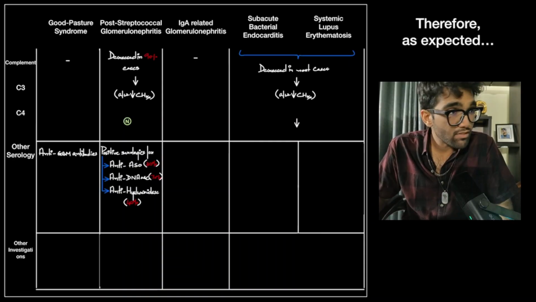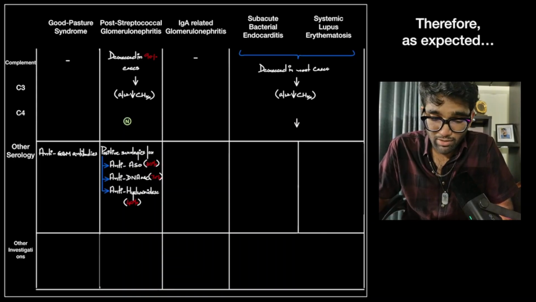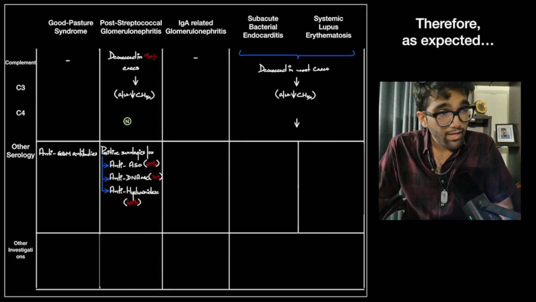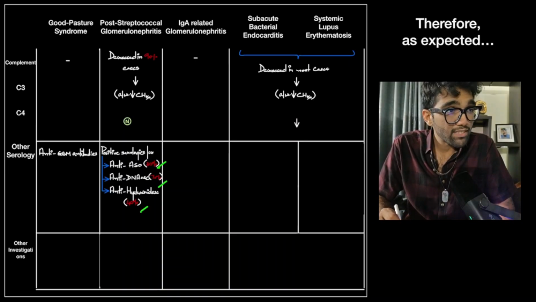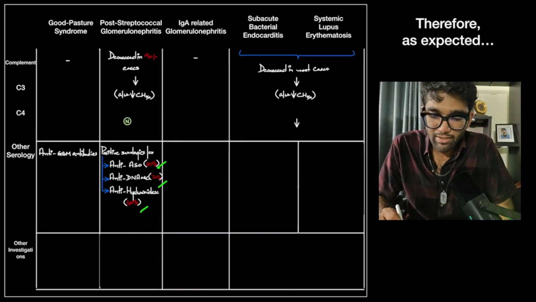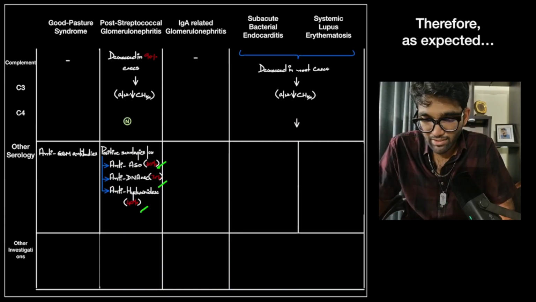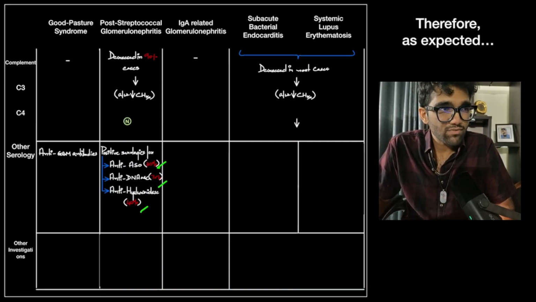So anti-streptolysin O, which is a toxin produced by your group A beta-hemolytic streptococci, and anti-DNase as well as anti-hyaluronidase. And these are the respective percentages. Most commonly it is anti-DNase, then around 40% is hyaluronidase, and about 30% are anti-ASO positive. Obviously, this varies from patient to patient, but overall this is the trend.